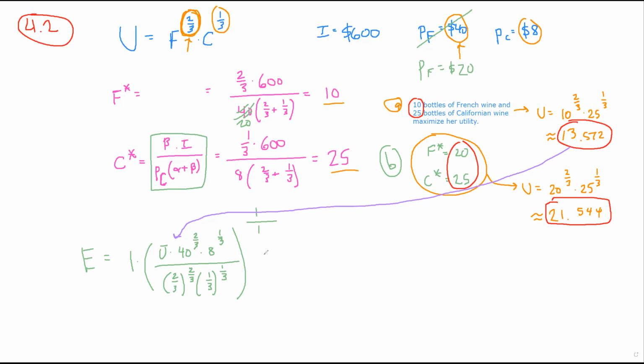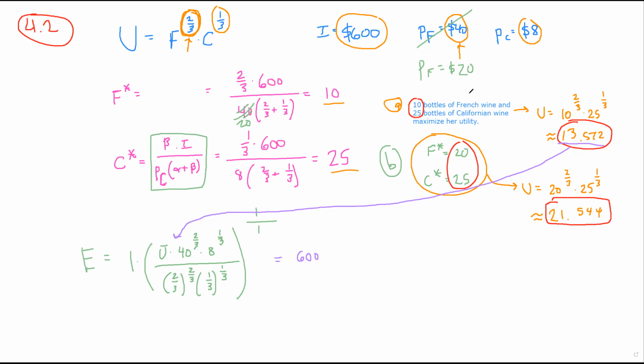Using a calculator, this comes out to be 599.996. It looks awfully close to 600, and that's probably because I used a rounded value, so we'll just say it comes out to be 600 when I plug in 13.572. This makes sense though, because in this first situation, how much income did she have? She had an income of $600, so it only makes sense that when we use that $600 at the initial prices, we were able to generate 13.572 units of utility.